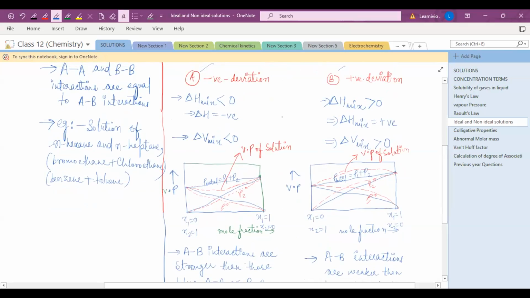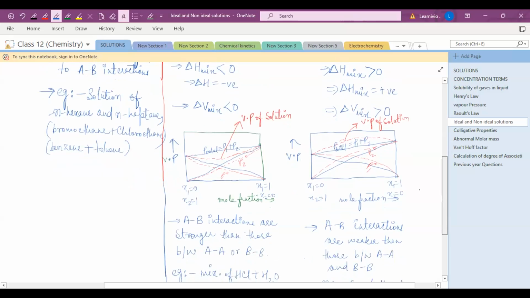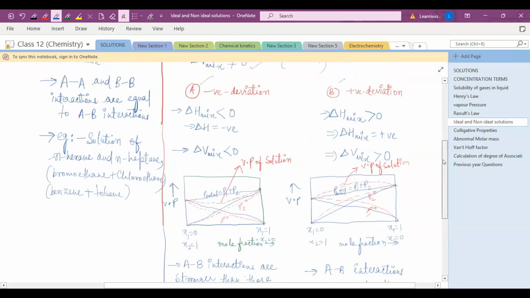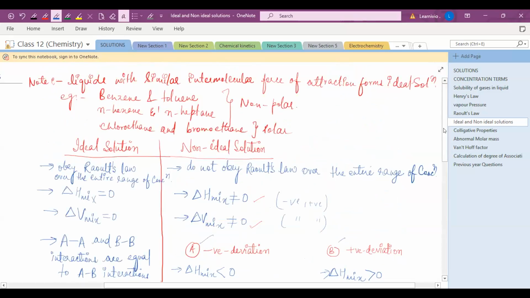So when we talk about the negative deviation, first see the graph. In the ideal case, what was the graph?